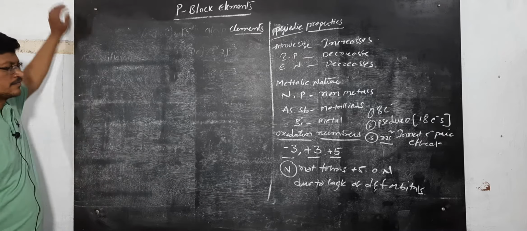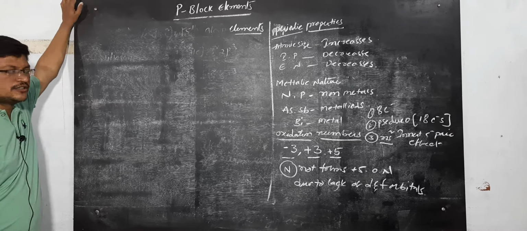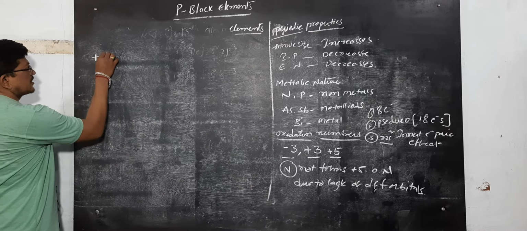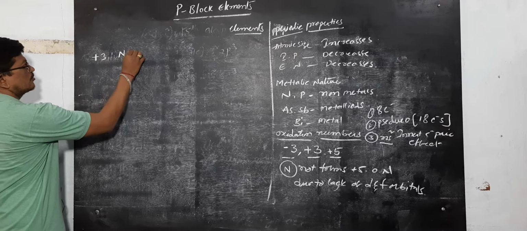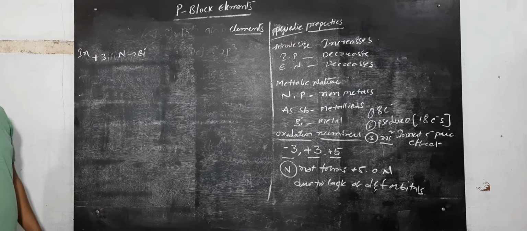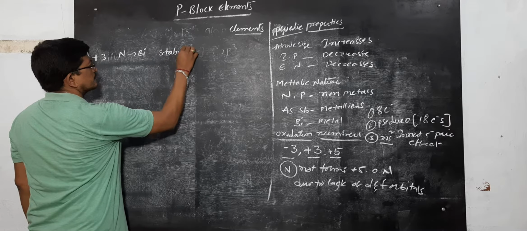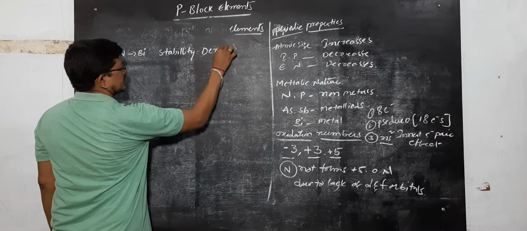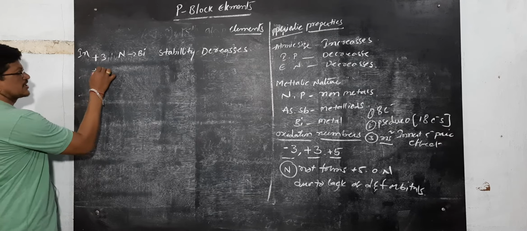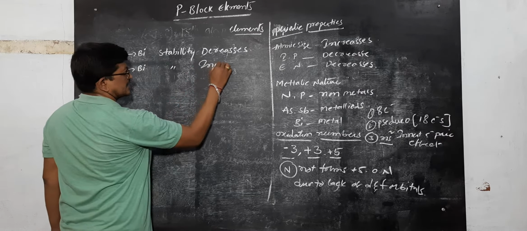Nitrogen does not exist in the +5 oxidation number, we know that. In the +3 oxidation state, from nitrogen to bismuth, stability decreases, and in the +5 oxidation state, from nitrogen to bismuth, stability increases.